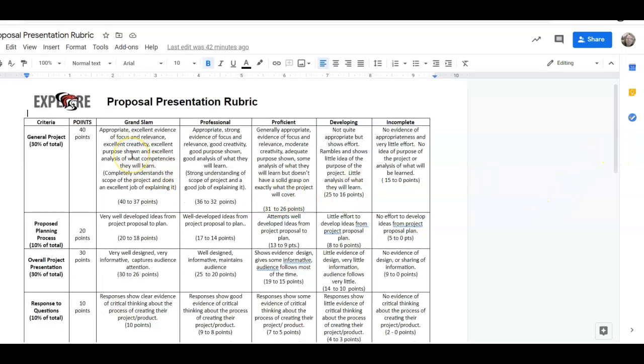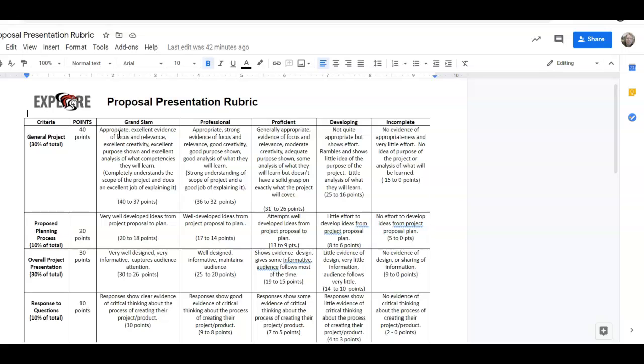What we're looking for is that they understand their project. If they have excellent evidence of their focus and relevance in this presentation, that they're explaining exactly what they're doing, they have an excellent purpose, they understand the purpose of their project, what they're trying to accomplish, they can analyze what their competencies are and tell us what they're going to learn, then they'll do well here.